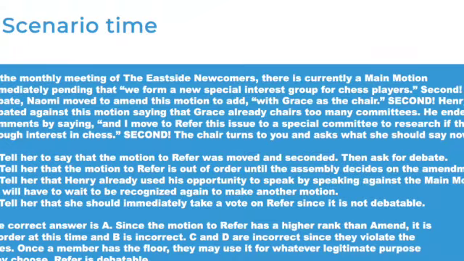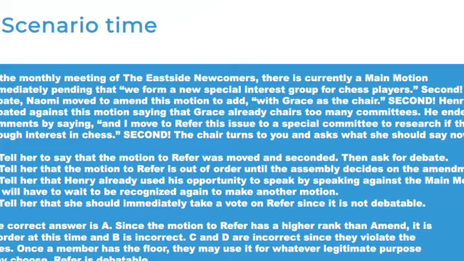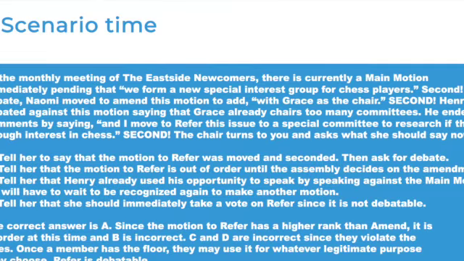Now it's time for a couple more scenario questions, and we'll be almost done with this episode. So at the monthly meeting of the East Side Newcomers, there's currently a main motion pending that we form a new special interest group for chess players. There's a second. In debate, Naomi moved to amend the motion to add with Grace as the chair.